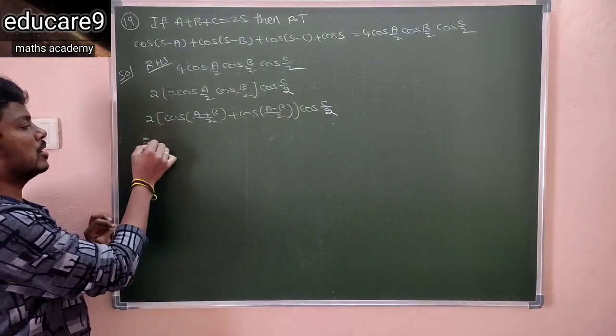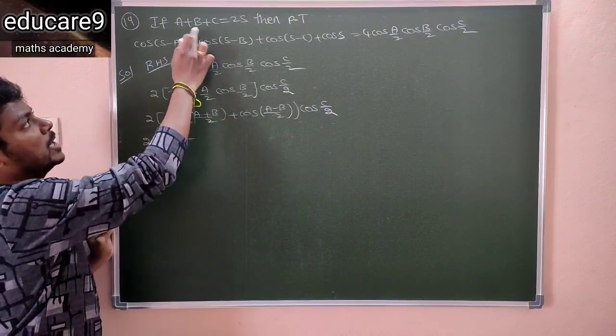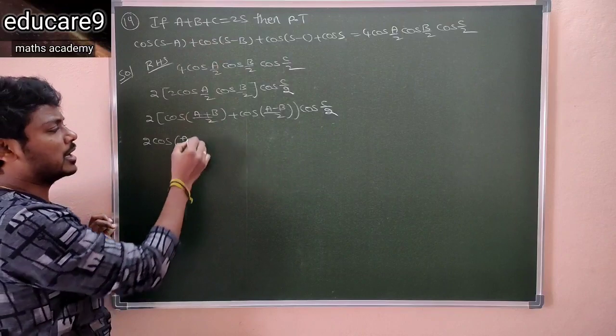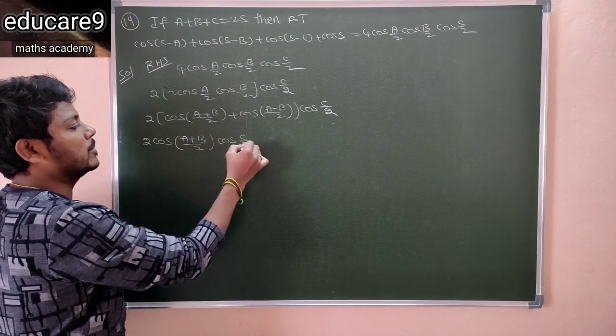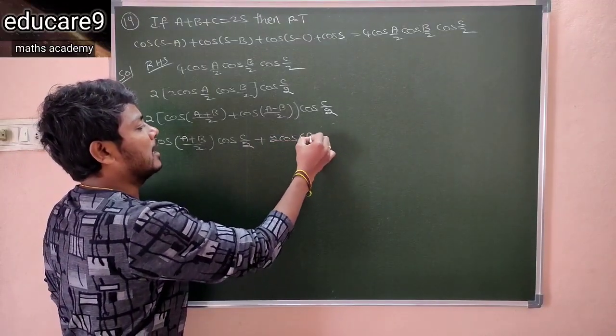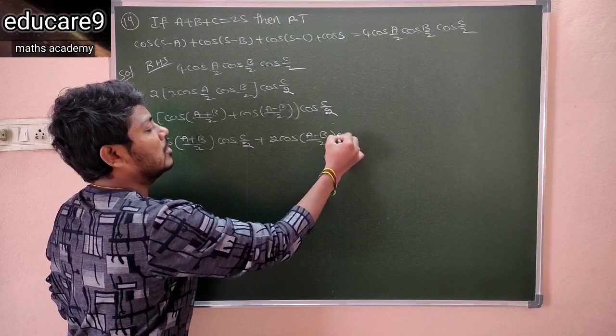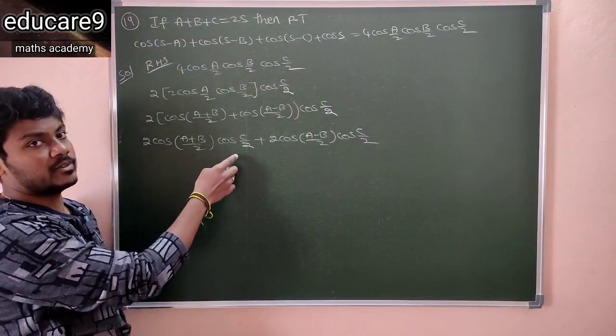So what you get? 2 cos a plus b by 2, how to write a plus b? 2s minus c. Or write as this, into cos c by 2 plus 2 cos a minus b by 2 cos c by 2. And again apply 2 cos a cos b form.